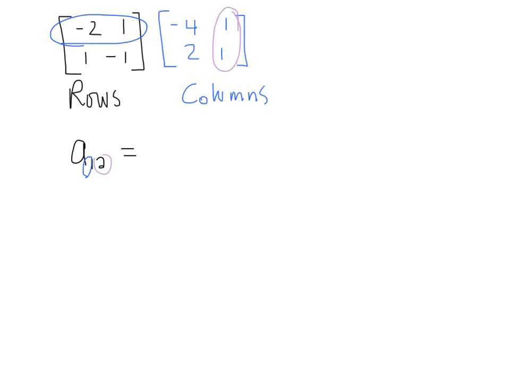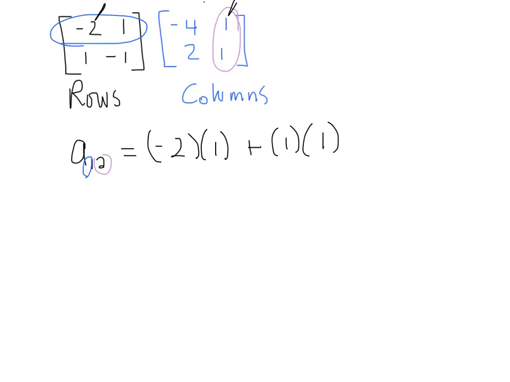So, taking the first numbers, I get the -2 times 1, plus what happens when I take the second numbers, the 1 and the 1. So that was this -2 times this 1.